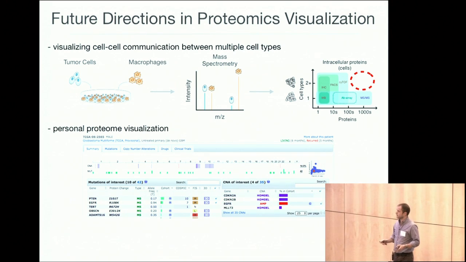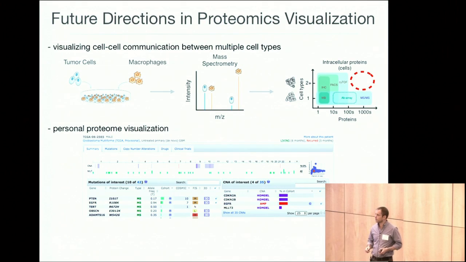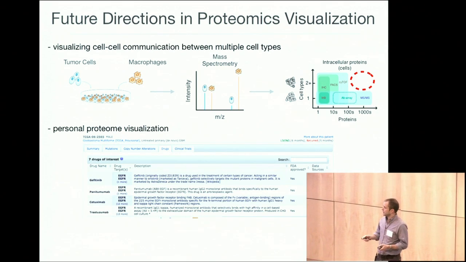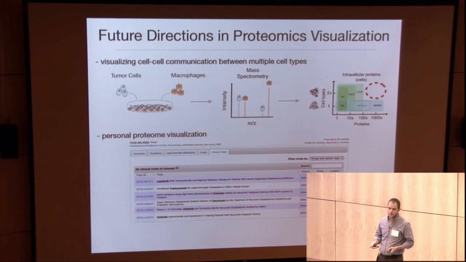Another emerging field is going to be personal proteomic visualization, and of course, genomics is always a little ahead of proteomics, but here's an example from the VIZBI portal, where there's a patient viewer where for each patient, all the alterations and mutations, you can click on these and get more information, but you can also find suggestions of drug treatment and the clinical trials that are going on.